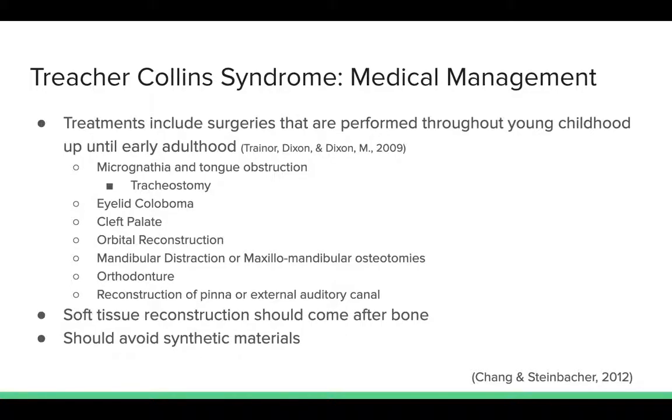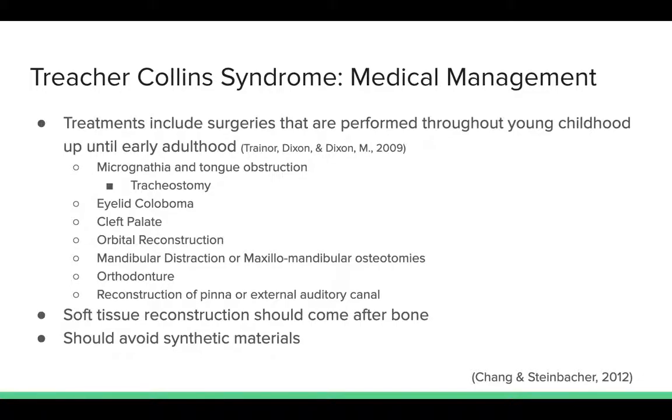However, every patient is individual with individual needs and varying degrees of needed surgeries. Also, some of these surgeries, like the tracheostomy, are important to do, but some of the plastic surgery or facial reconstruction are not always medically necessary, and would be more for the patient just for confidence purposes or just wanting to do that.